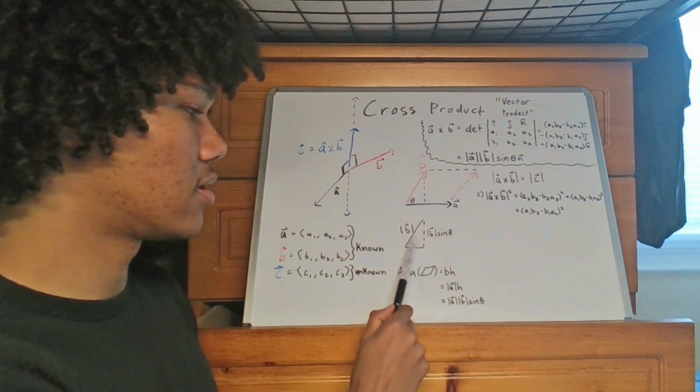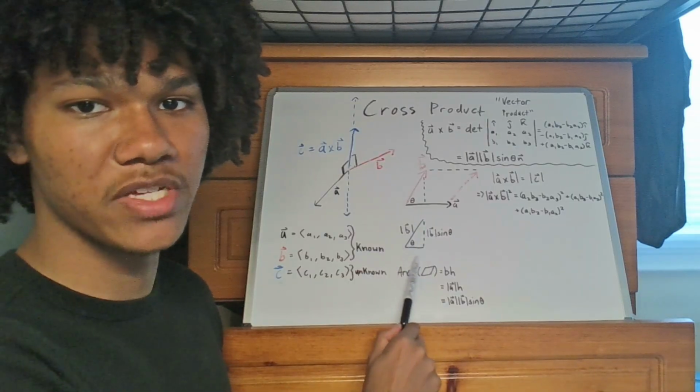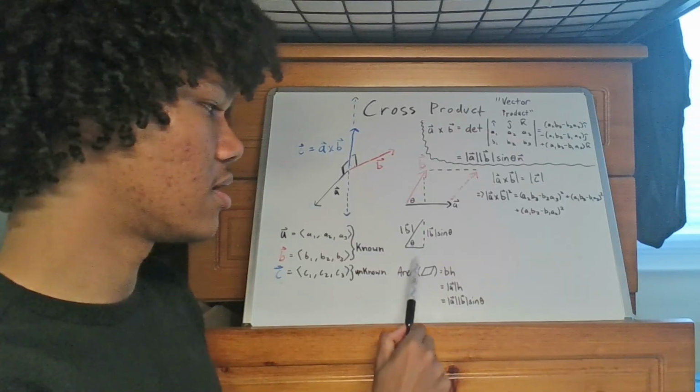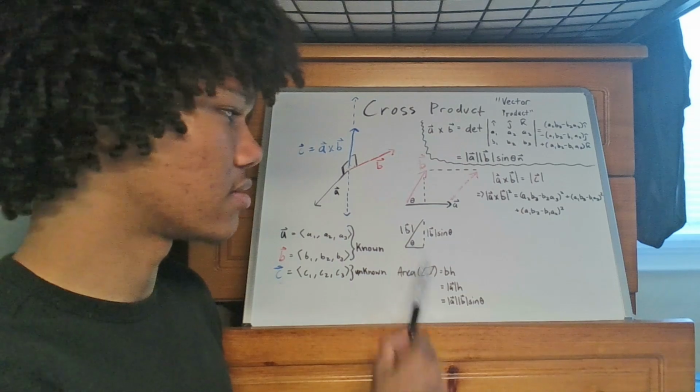Now we have theta and the magnitude of B, which we know. We don't care about this side, like with the dot product. All we need to know is the magnitude of B and theta.